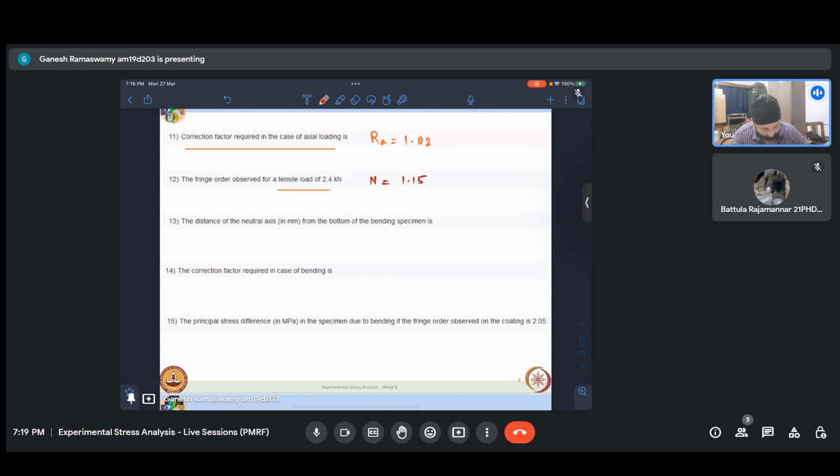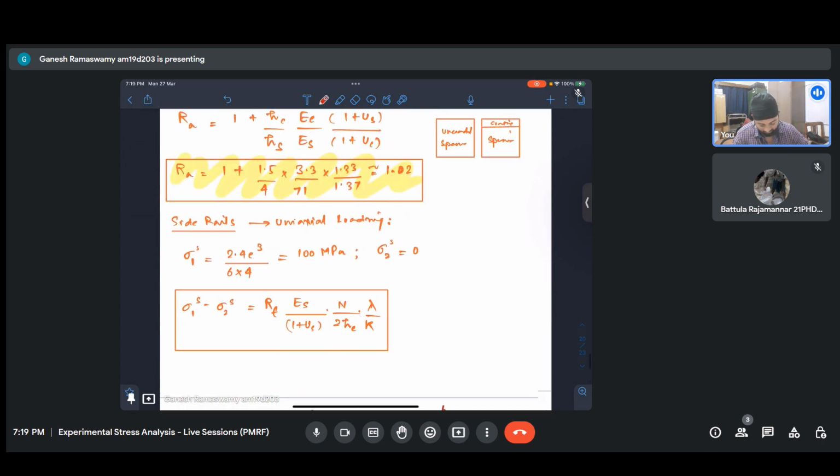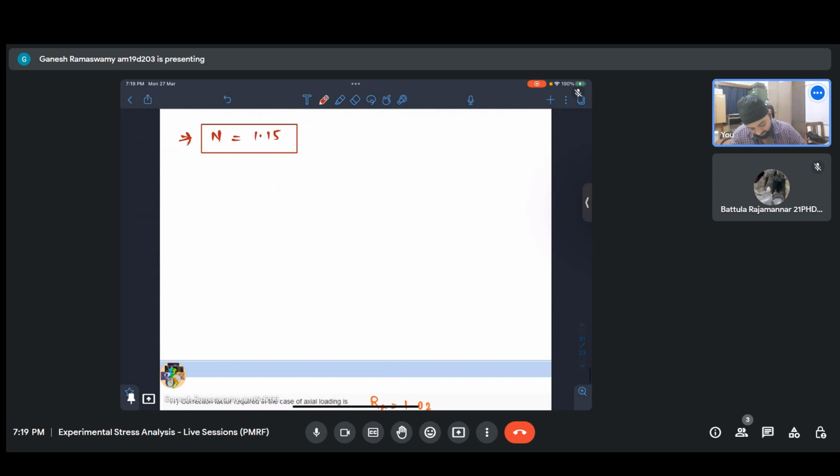The question asks for the distance of the neutral axis from the bottom of the bending specimen. Essentially, now the side rail is done. Now we have the steps, where the bending load was applied. So we are asked what is the distance of the neutral axis in mm from the bottom of the specimen.